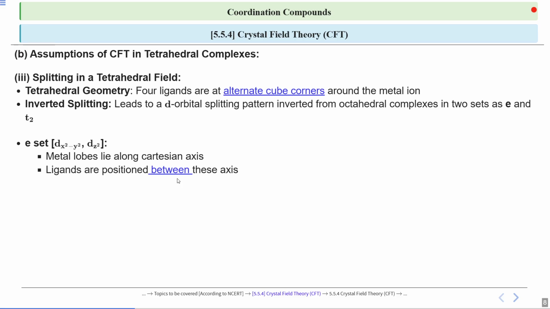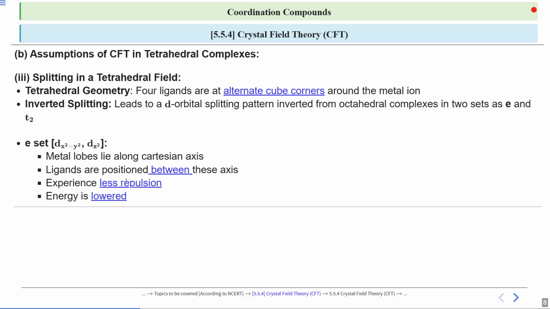Due to this, the repulsion will be lesser compared to the T2 set, where ligand and metal lobes lie along the same axis. Here, the metal lobes are along the Cartesian axis and ligands are positioned between those axes, so the repulsion experienced by these orbitals will be comparatively lesser.